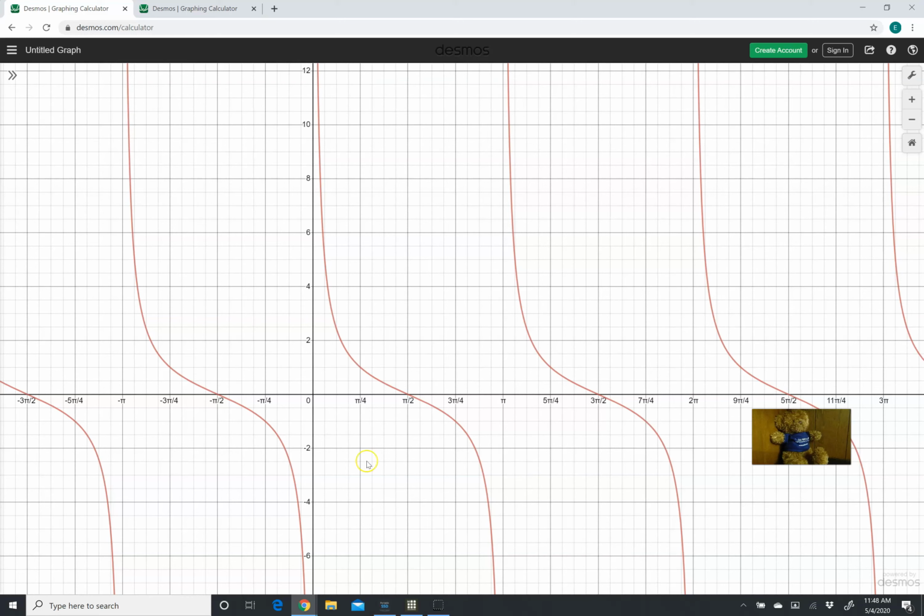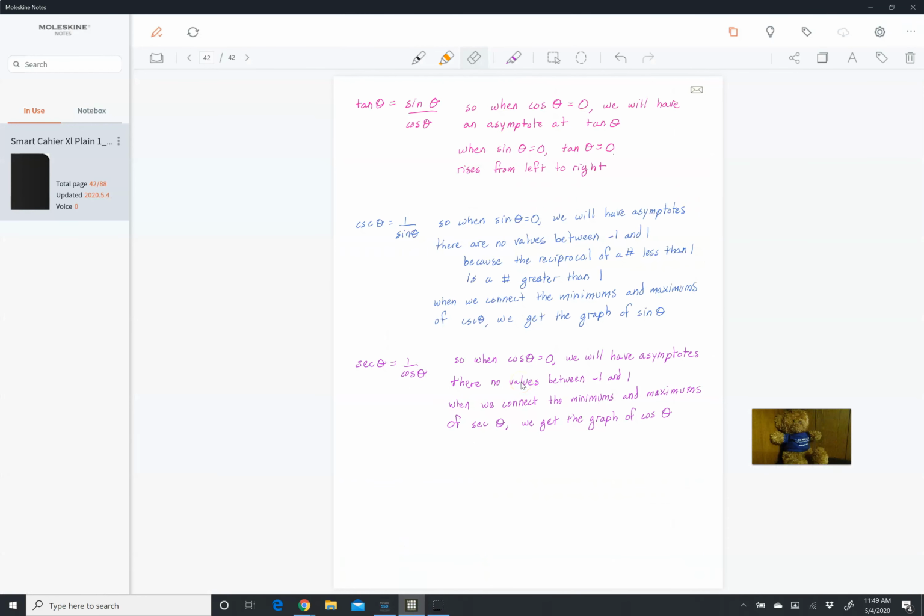So let's write that down. And then we'll compare all of the graphs. So cotangent of theta is cosine of theta over sine of theta. So when sine of theta equals 0, we will have asymptotes.